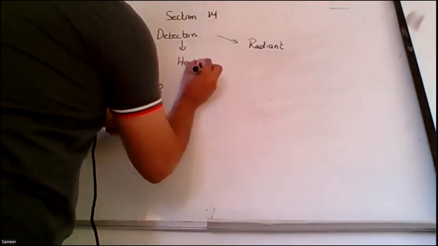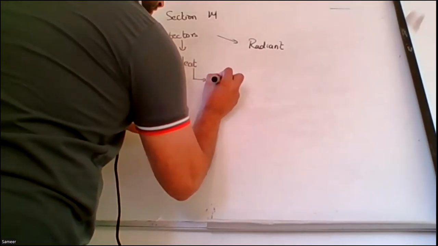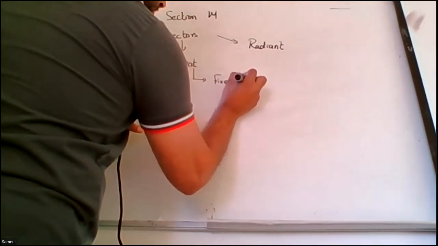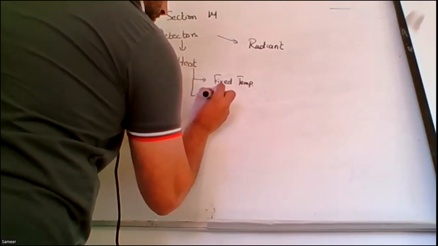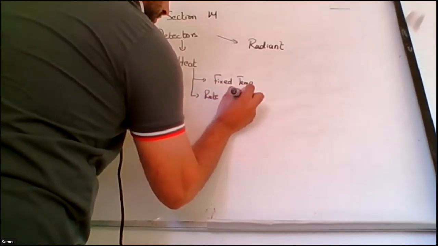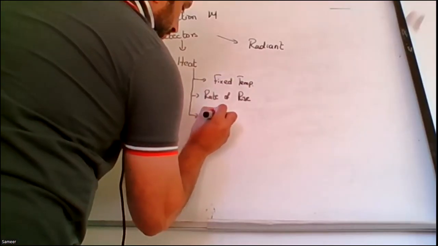Heat detectors can again be further categorized into 3 types: fixed temperature, rate of rise, and rate of compensation.